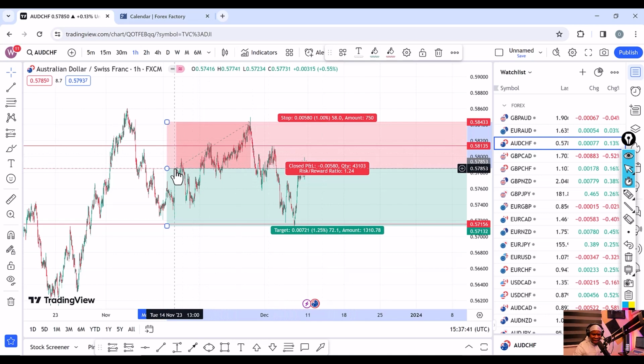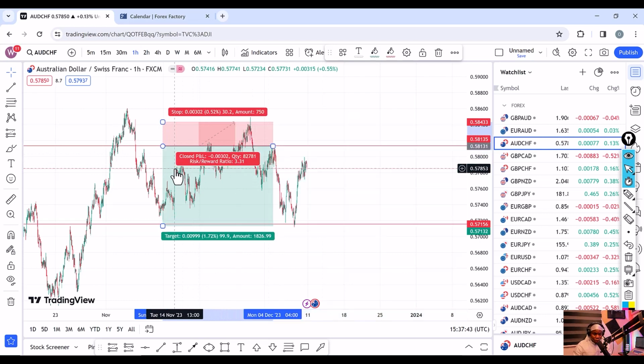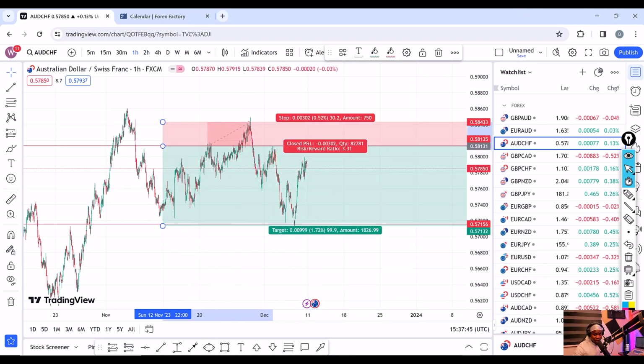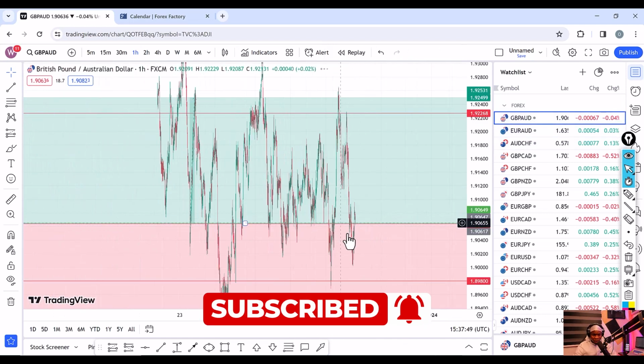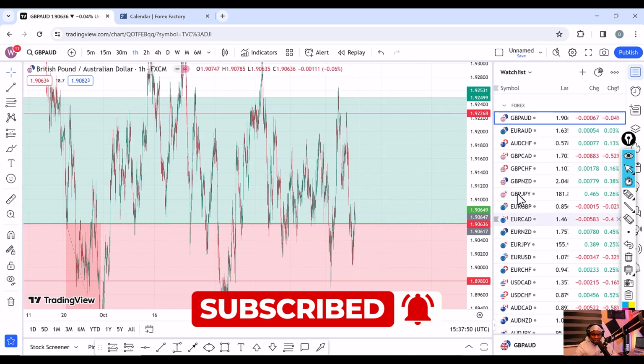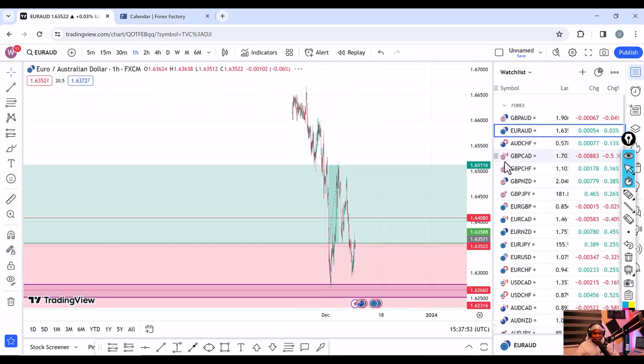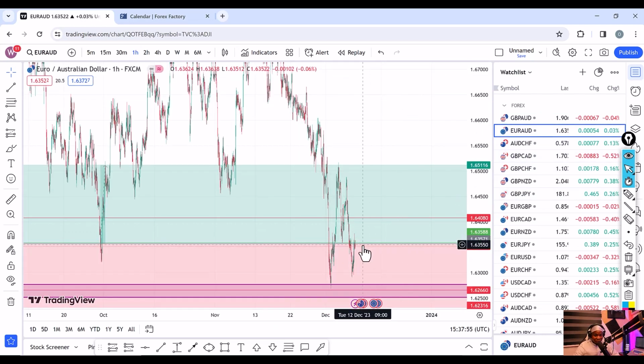So guys, that is the trade for the week. GBP AUD is going up. The bulls are still very much in the market. Euro AUD going up, the bulls are still very much in the market.